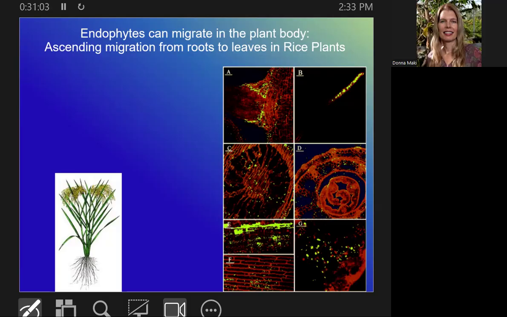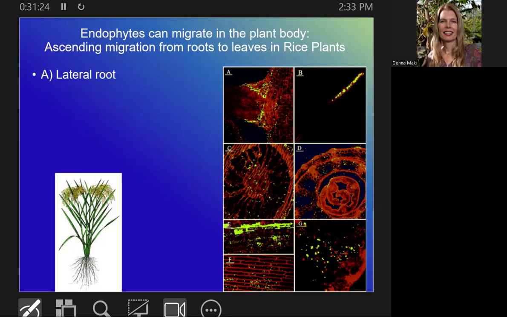And so the soil, they believe, is the biggest source for endophytes. Could they blow in by the wind and get deposited on the leaf or the stem? Absolutely. And they can show that that does happen. But they believe so far anyways that the majority of microbes are coming from the soil.